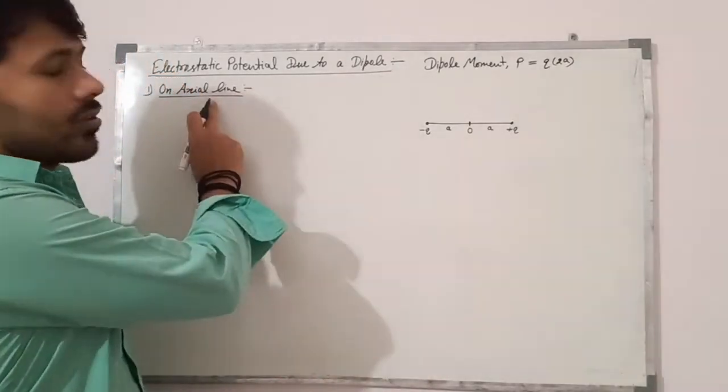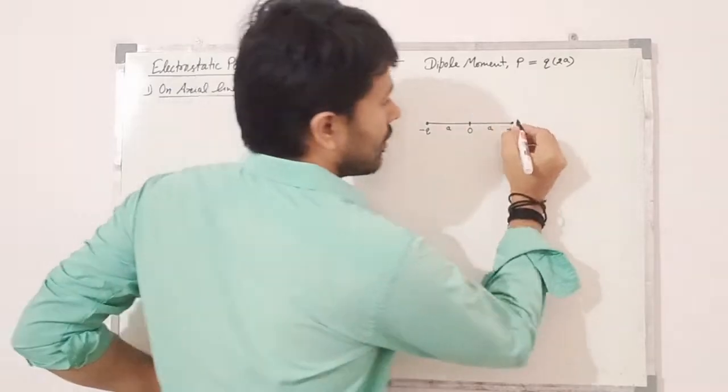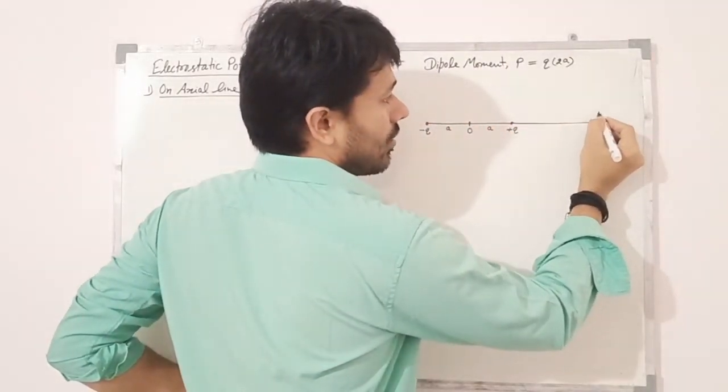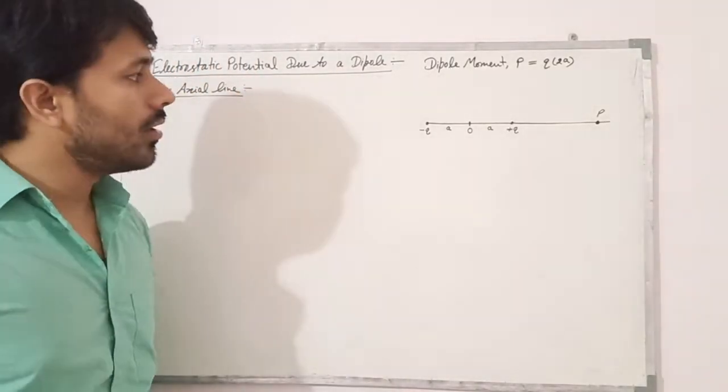We have to find out the potential on the axial line, so let's draw an axial line. Let us take the point P on the axial line where we have to find the potential.